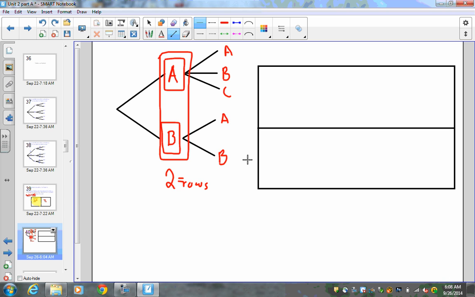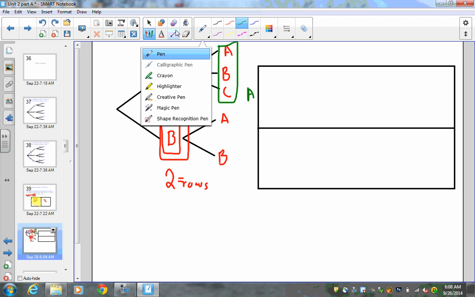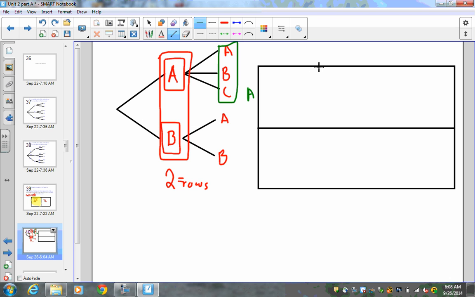Now, the next thing is, how will these rows get cut up? These rows are going to be cut up into little pieces, and you determine that by your second expansion. Notice here that A now has three options. So I'm going to make this row A, and it's been cut into three equal pieces.